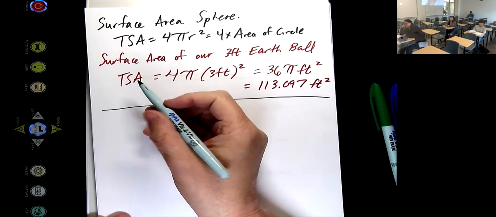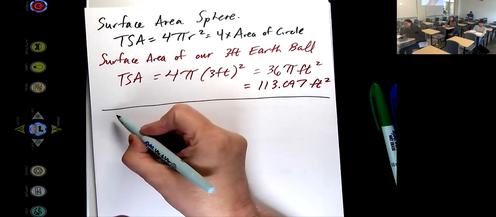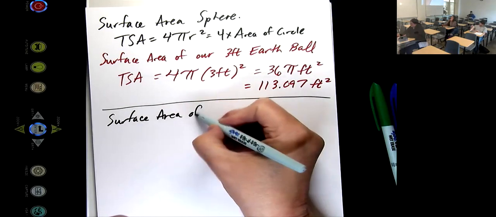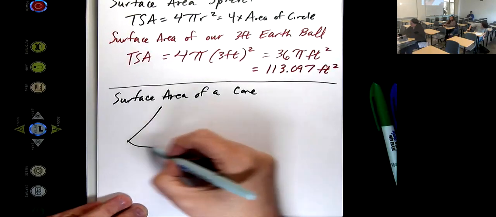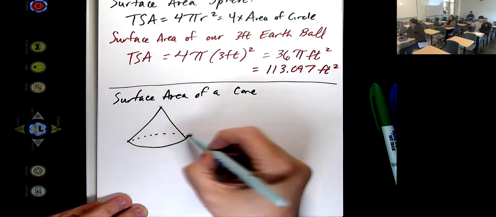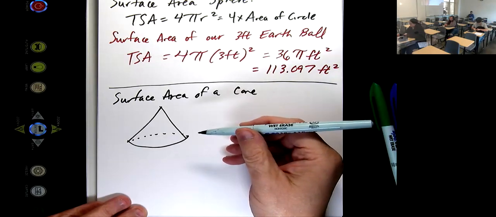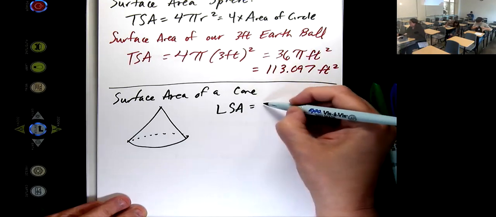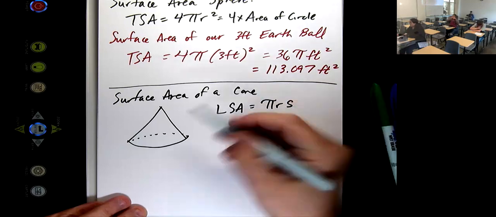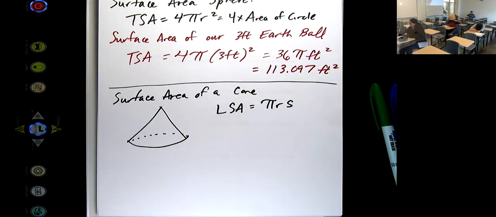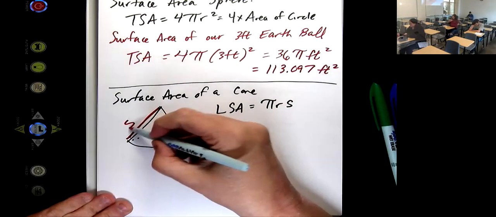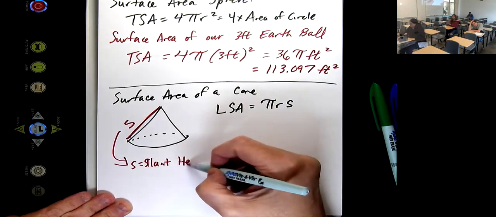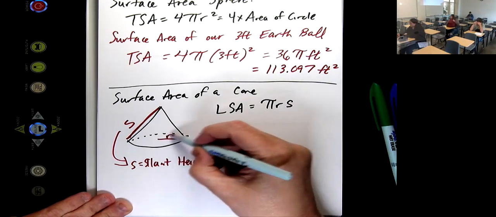It won't be on the test, of course, because I don't like this thing. But if you want the surface area of a cone, the lateral surface area is pi r s, where s is the slant height. r, of course, is the radius.